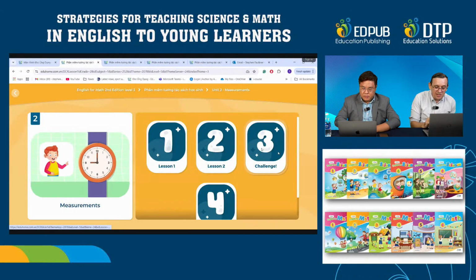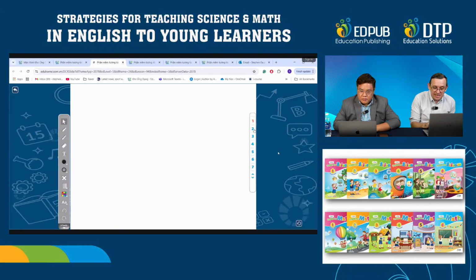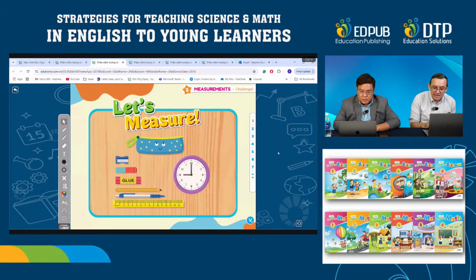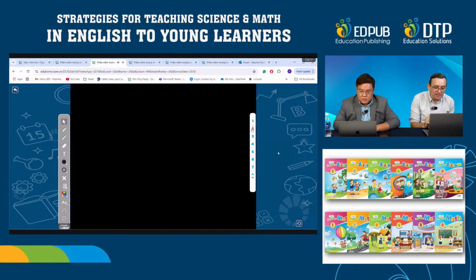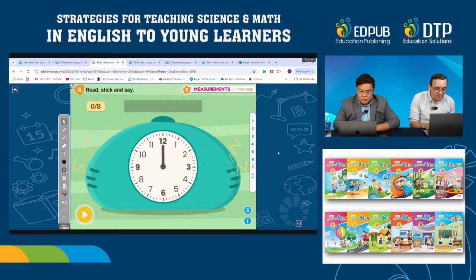For the challenge, we have some review activities with also some extra activities as well. We have the vocab. See, in some lessons, we don't have much vocab, but we still want to explicitly teach that vocab. So we've got this activity.